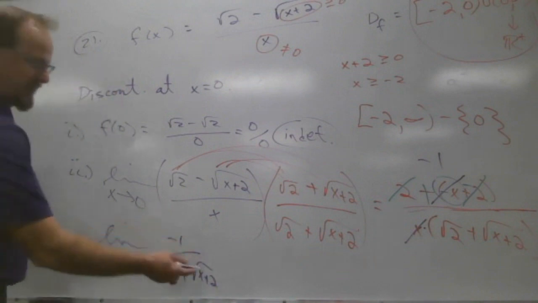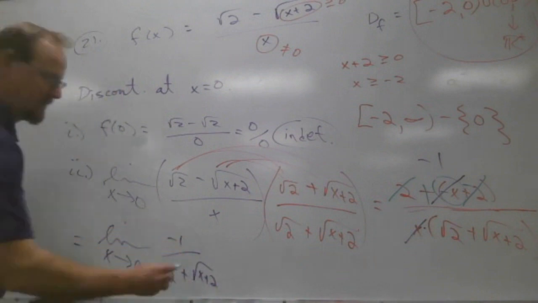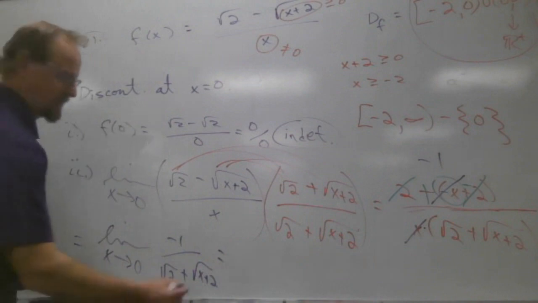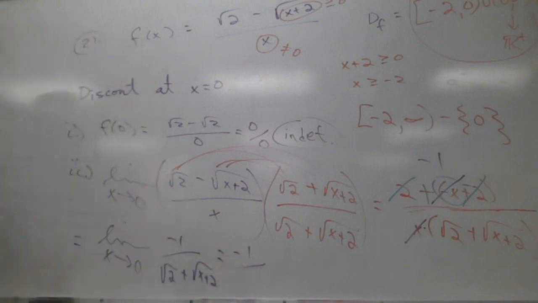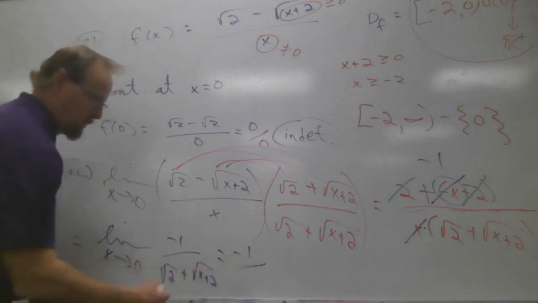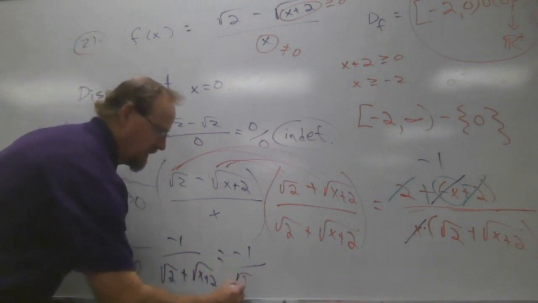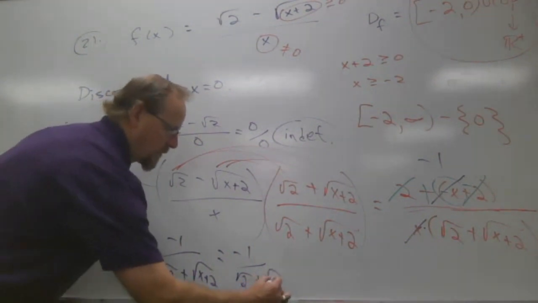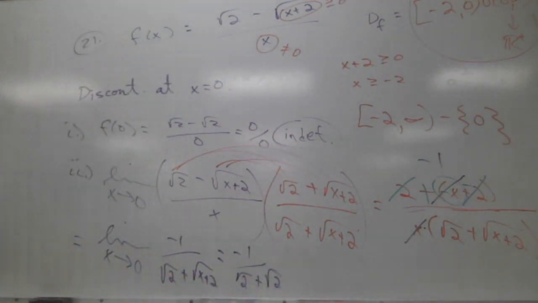Now, can I figure out what it is? Can I plug in 0 here? Yes. The limit of the quotient is the quotient of the limits, the limit of the sum is the sum of the limits, the limit of the root is the root of the limit, and the polynomial we can plug in. So 0 plus 2, this is going to be minus 1 over the square root of 2 plus the square root of 2, right?